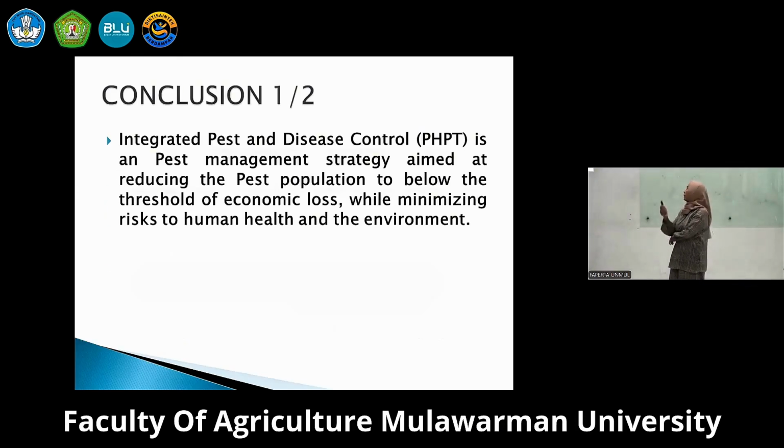Here is the conclusion. The IPM is a pest management strategy that reduces the pest population below the economic loss threshold, minimizing harm to humans and also to the environment.